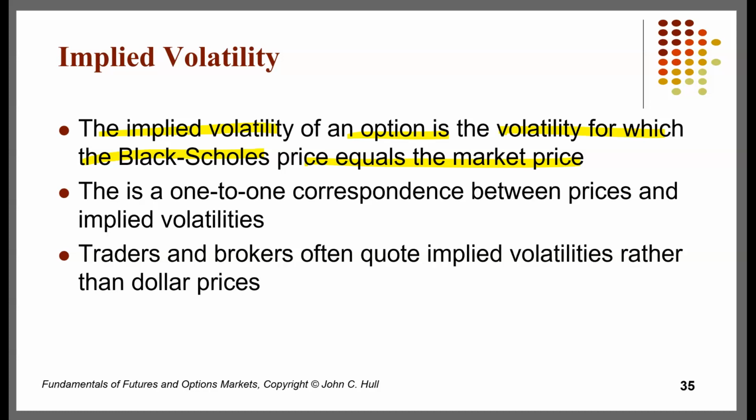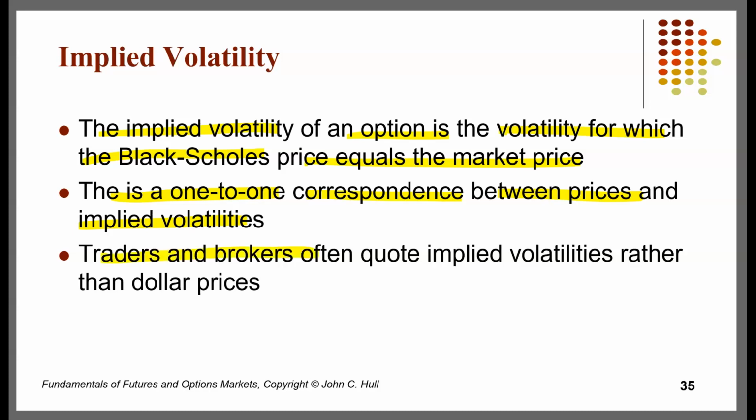So what should the volatility used in the Black-Scholes option pricing model be, so that the output of the model is exactly equal to the market value of the option? That's the implied volatility. This is a one-to-one correspondence between the prices and implied volatility.